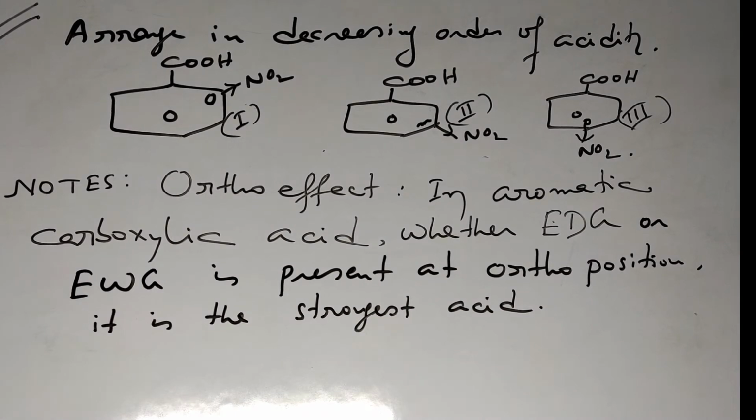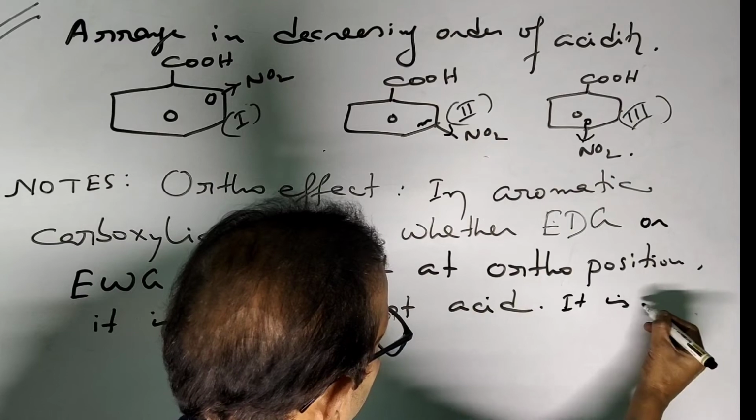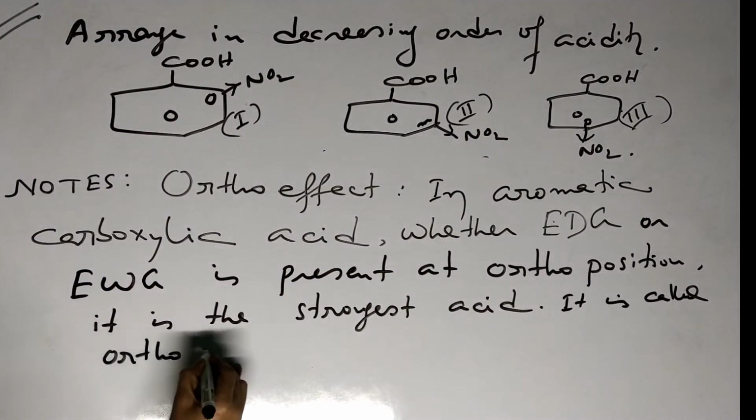You know that acids containing a carboxyl group directly attached to benzene are called aromatic carboxylic acids. If an electron donating or withdrawing group is present at ortho position, then it is the strongest acid. It is called ortho effect.